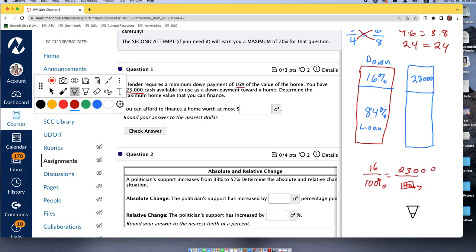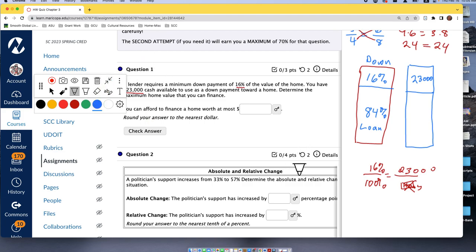Is this a proportion now? It's two fractions. Of course, we don't know what the bottom is. So we'll have to make the 16% a decimal. Well, we'll do it as a percentage. When you take 16 divided by 100, it becomes a decimal. So you could do it that way, and you could work it that way.